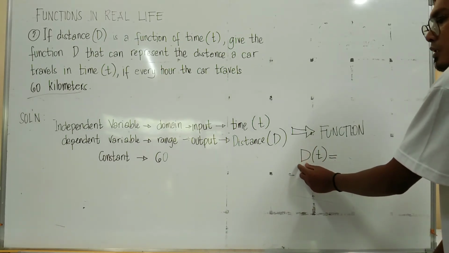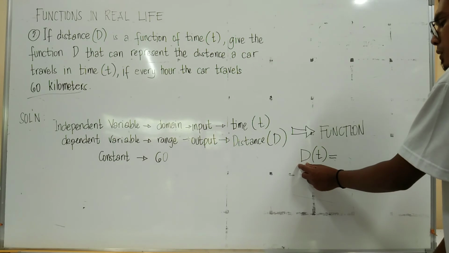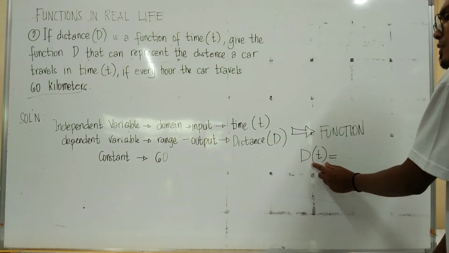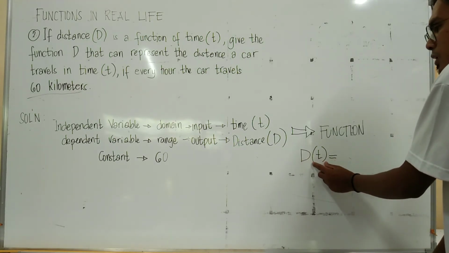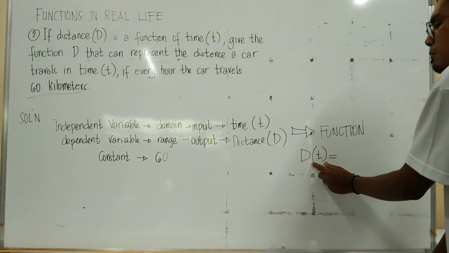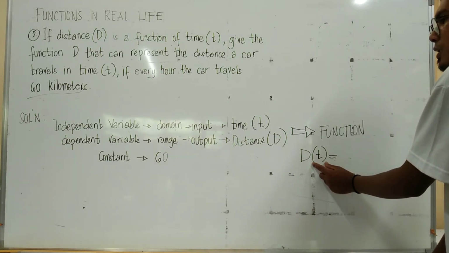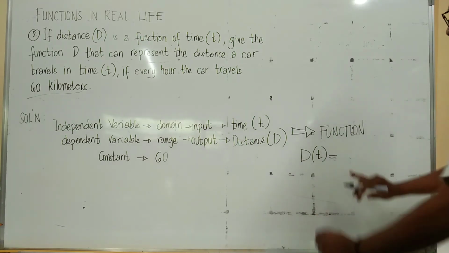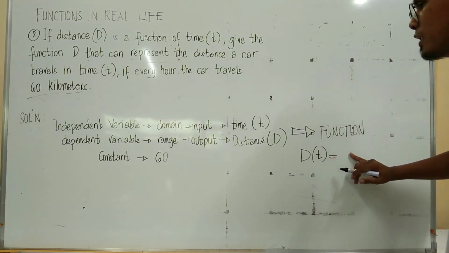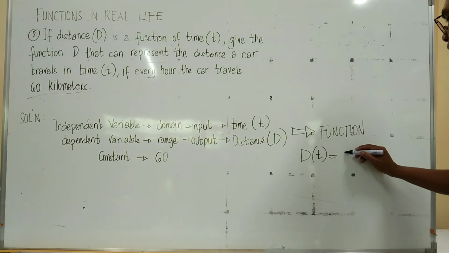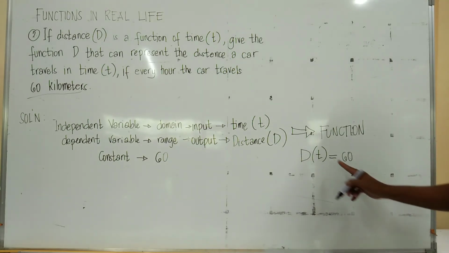We have d, our dependent variable, then open parenthesis, then write your input, or your domain, or your independent variable. Then put your constant 60 on the other side of your equation.